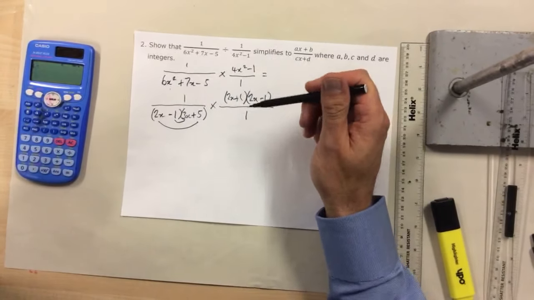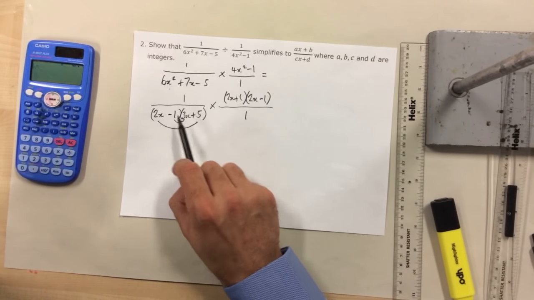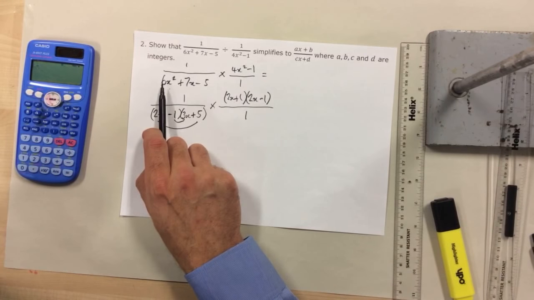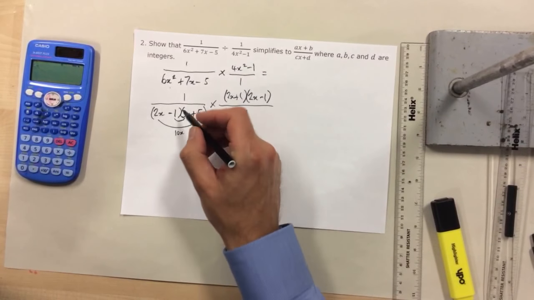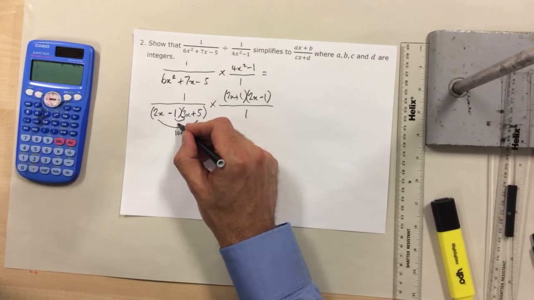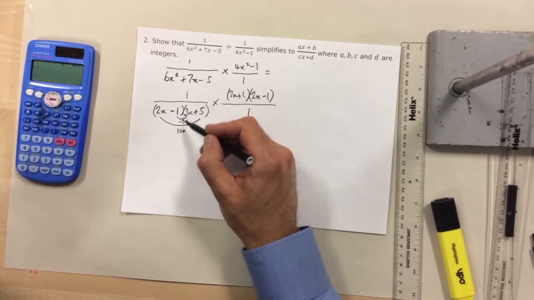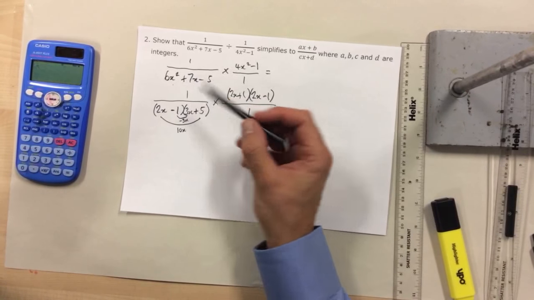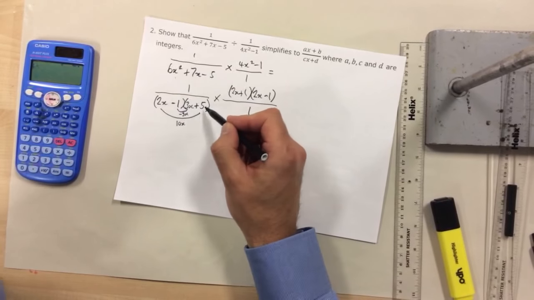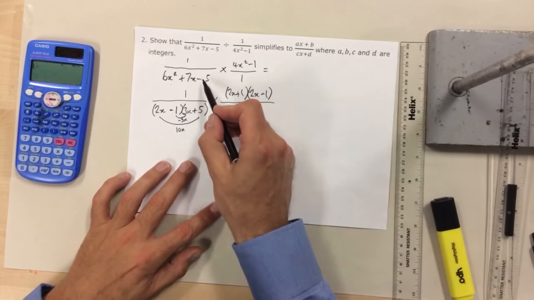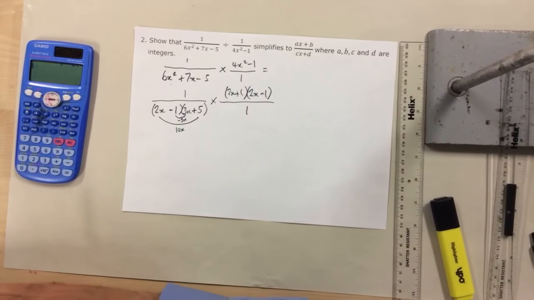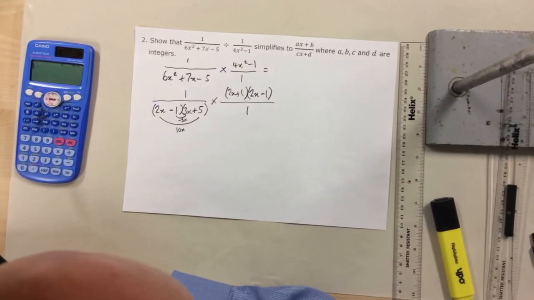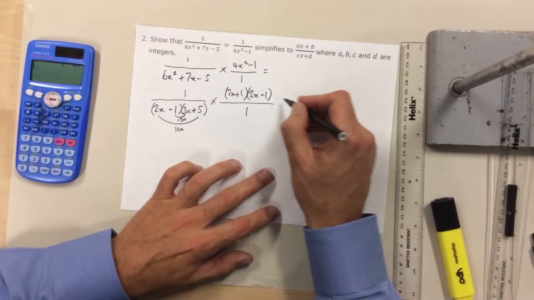So if I multiply that out, 2x times 3x is going to give me the 6x squared. 2x times 5 is going to give me 10x. Minus 1 times 3x is going to give me minus 3x there. Those two combined will give me the 7x. And then I've got the minus 1 times the 5 giving me the minus 5 at the end. So I'm happy that I've multiplied that, I've factorised that correctly.